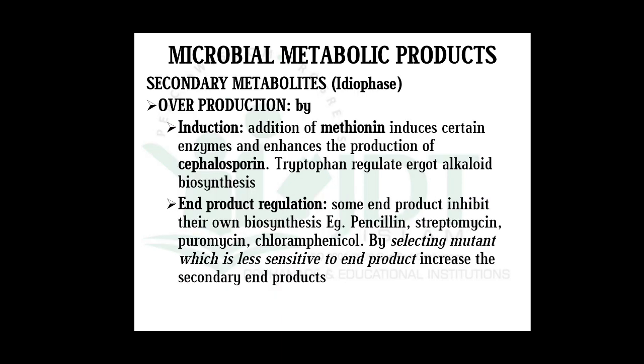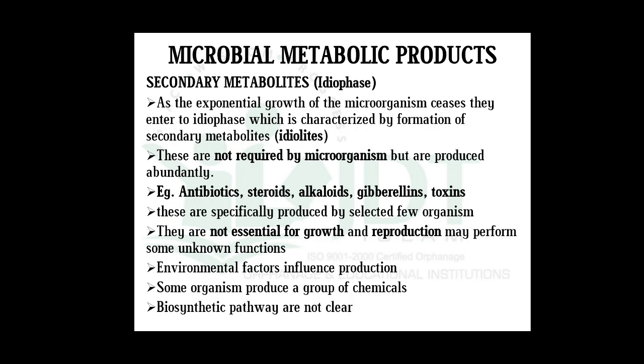Now, how can we overproduce the secondary metabolites? Sometimes we require antibiotics like penicillin, steroids like corticosteroids, alkaloids, gibberellin and toxins. These products have to be overproduced for pharmaceutical benefits.